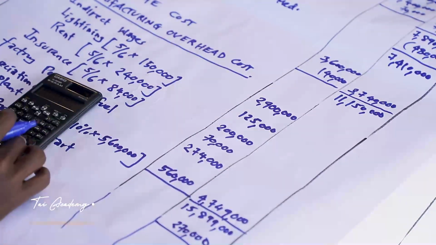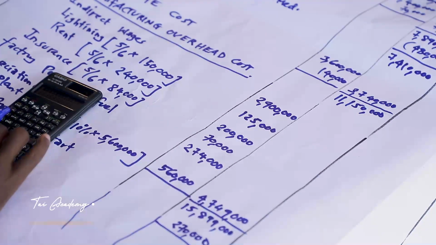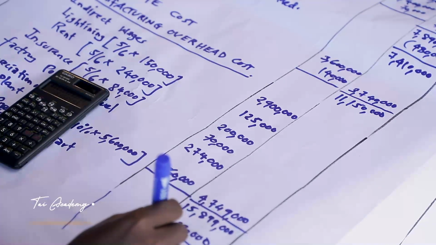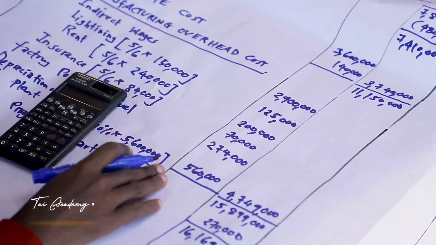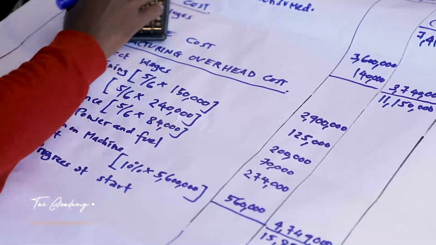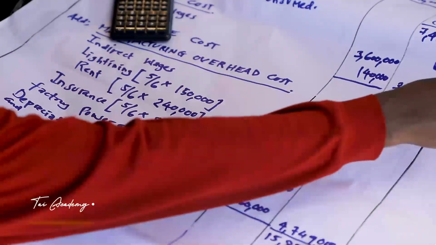So adding this plus 270, we get 16,169,000.